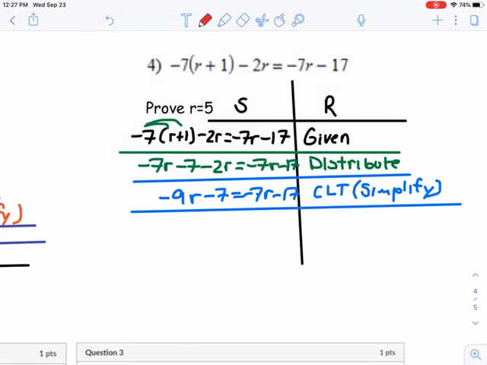Now, let's see. What do I want to do? I'm going to add 7r to both sides. So I'm going to get negative 9r plus 7r, negative 2r minus 7 equals negative 17. Addition property of equality.